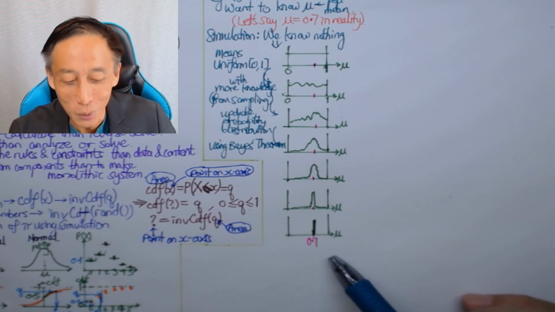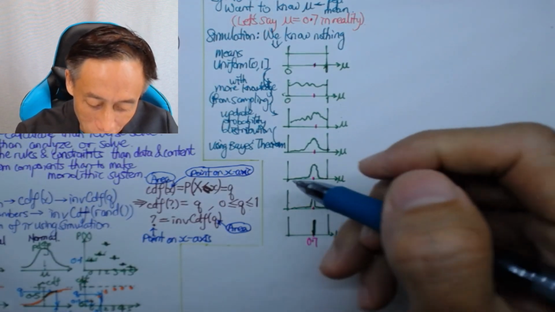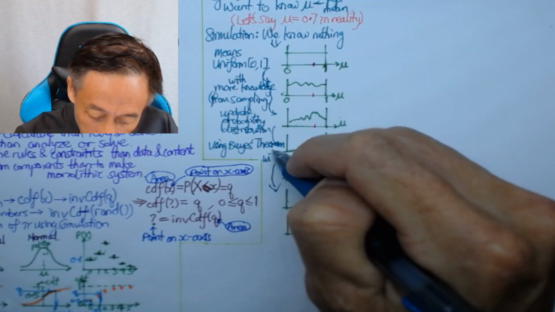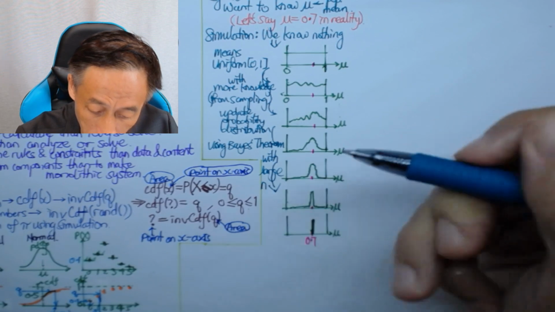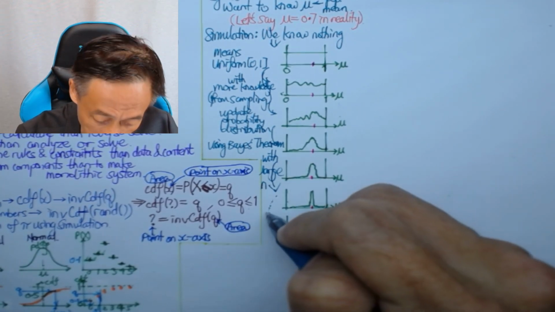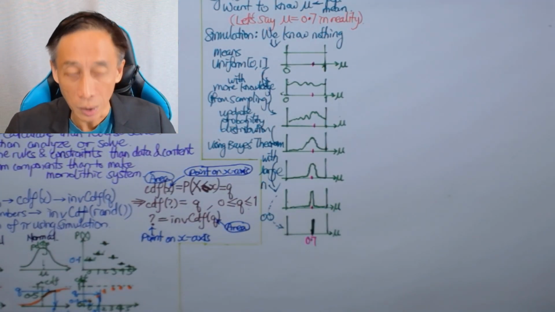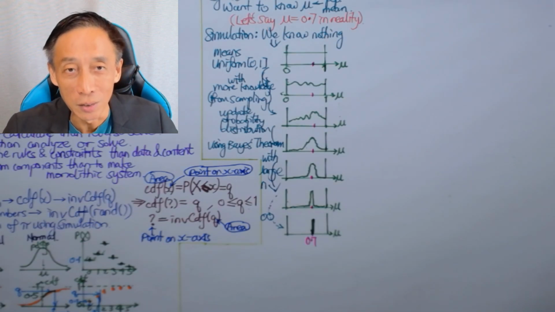And if of course mu actually exists, then you will eventually converge to this. Right? So with large n, then we get this. And with infinite n, we will get the ultimate. Yeah. So of course, we always terminate at some practical number of samples.